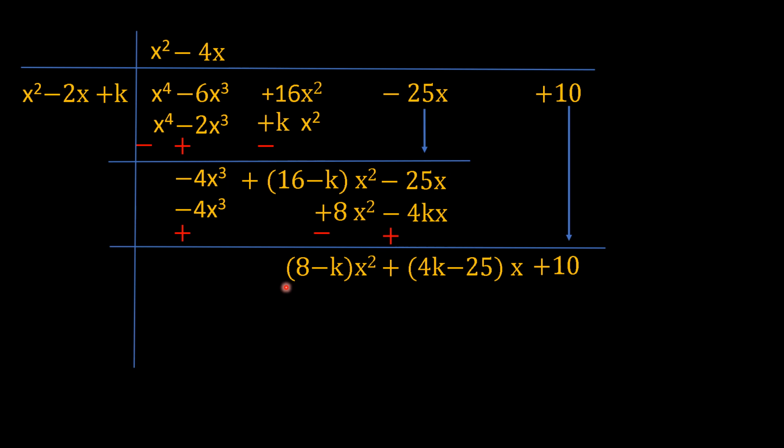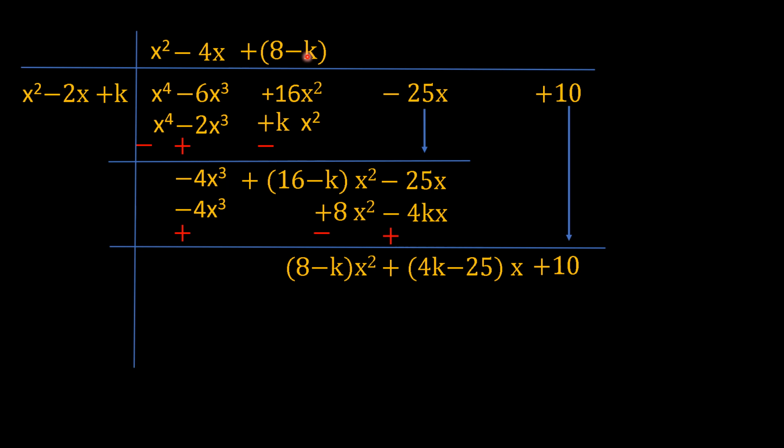Now we will divide this first term (8 minus k)x squared by x squared, which will give us 8 minus k, which we write over here. Now we will multiply the divisor by 8 minus k.